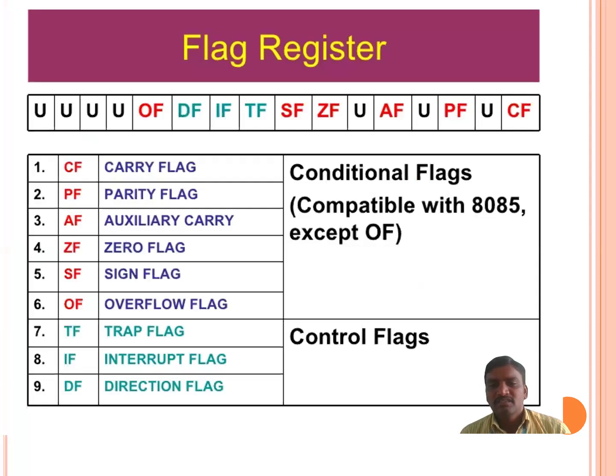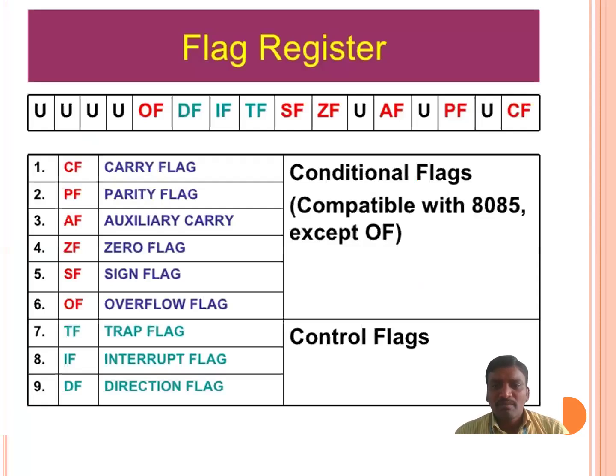The size of the result is a 16-bit information, and in that 16-bit information, it checks the number of ones in the lower 8 bits.